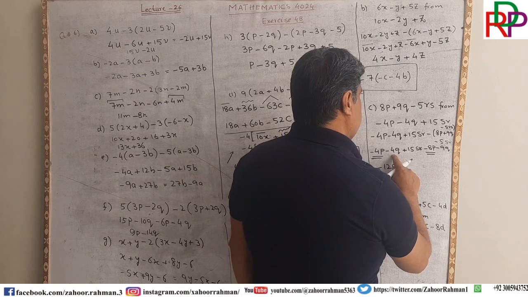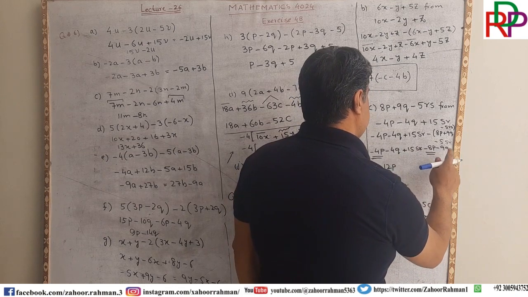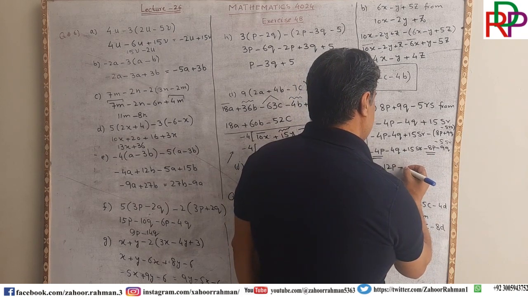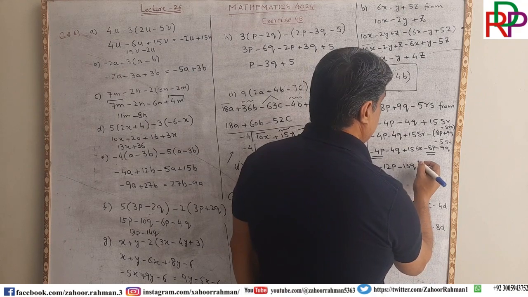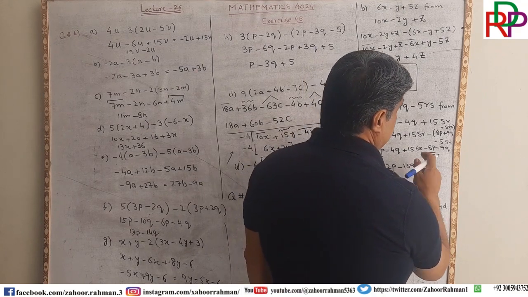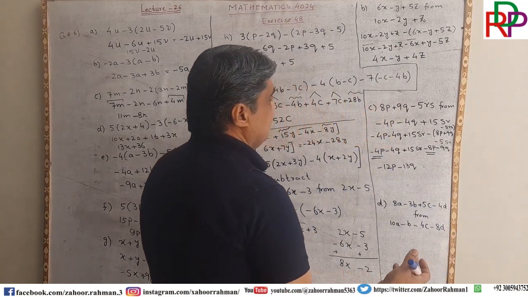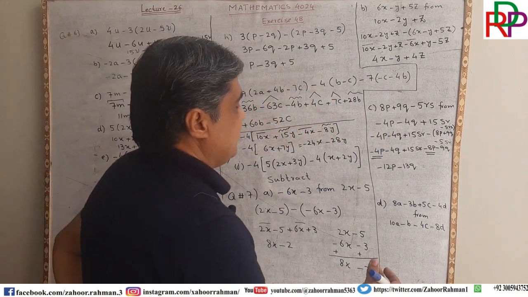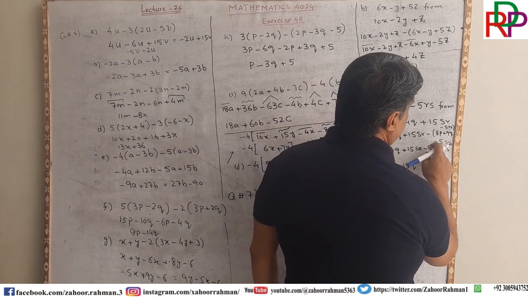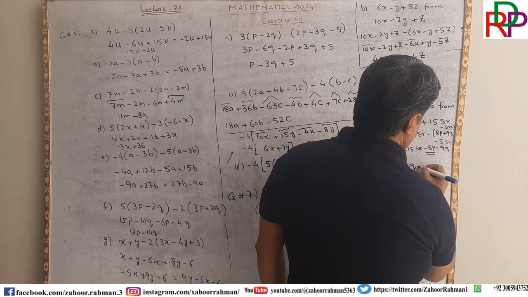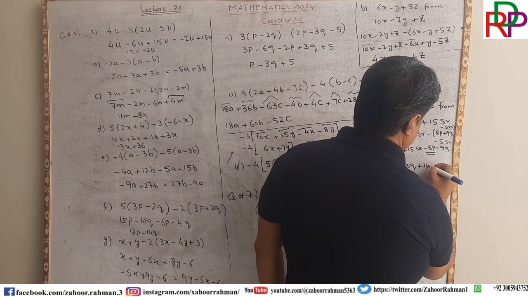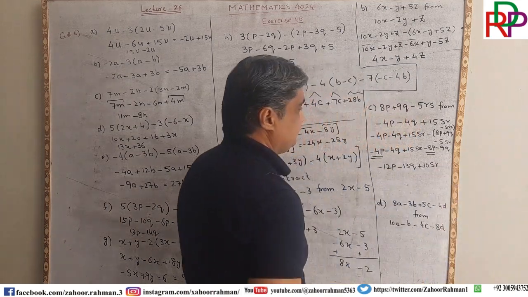And here minus 4q minus 9q is minus 13q. Plus 15 is the only value, plus 15SR minus 5, so plus 10SR.